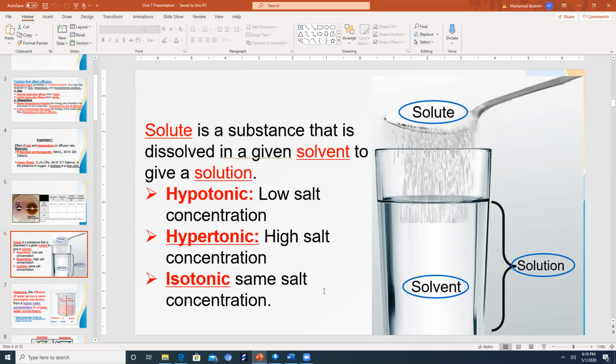But for example, if I put 1 gram sucrose in 100 ml water, and I give you 1% sugar, and I say, okay, Gregory, can you tell me, is 1% sucrose going to be hypotonic or hypertonic or isotonic? What are you going to tell me?